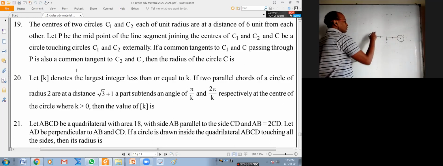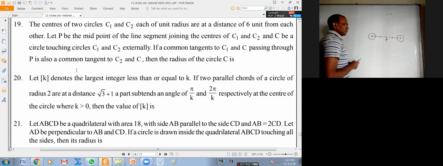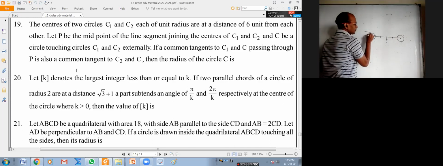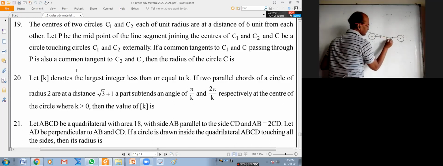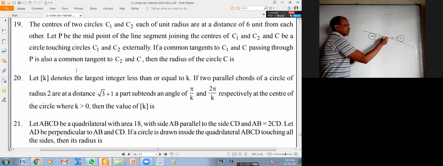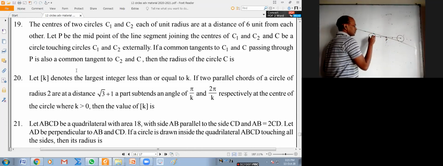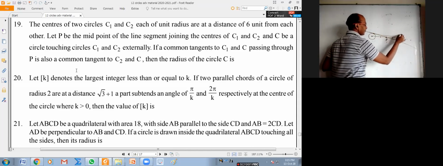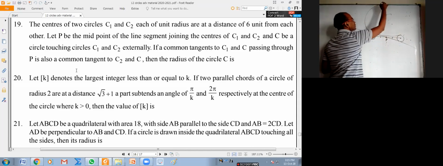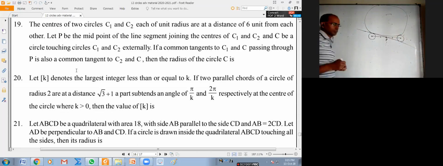These two have one common tangent, that is also a common tangent of these two. So maybe one is direct and one is transverse. That line should pass through this. If it touches this, it will obviously touch here also. And our circle is somewhat like this.